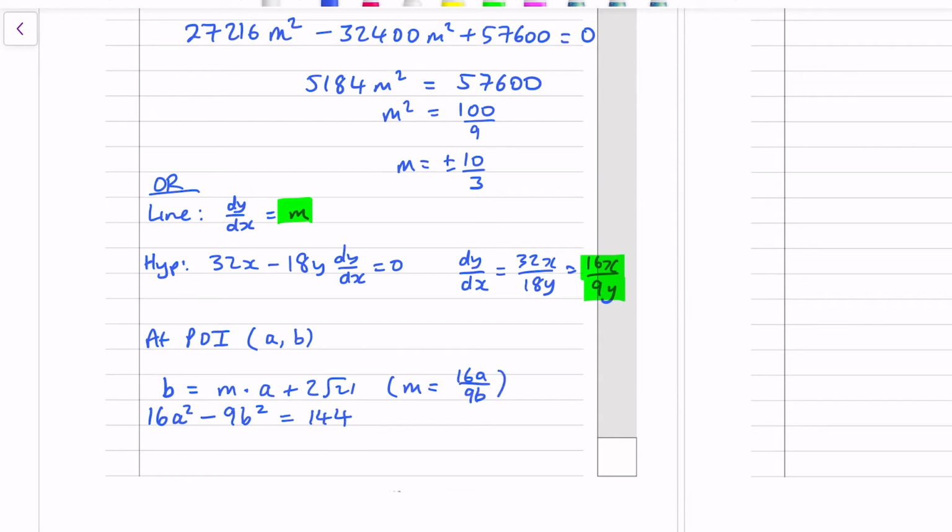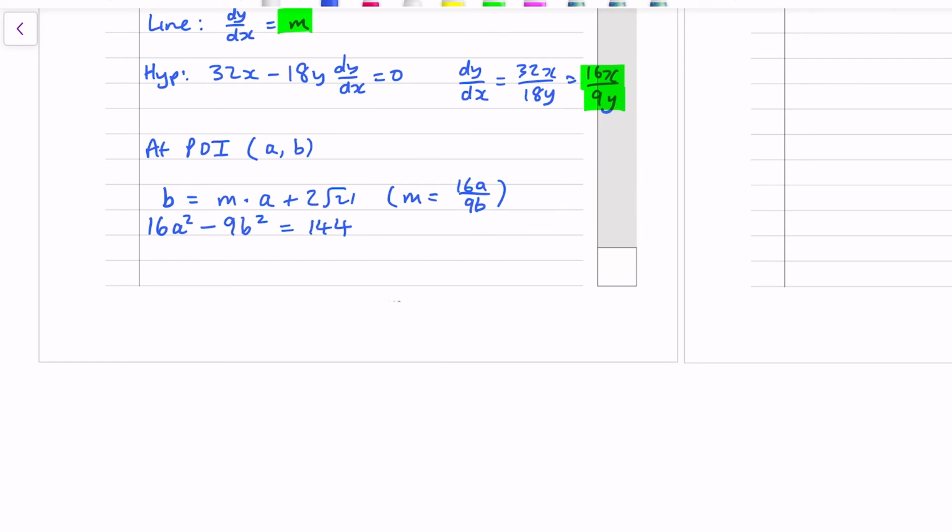So I've swapped out the x and y for a and b just because we're talking about a particular point now. But the particular point must be on the line, it must be on the hyperbola, and it will satisfy this gradient relationship. So equation 1, equation 2, we substitute the m expression into equation 1.